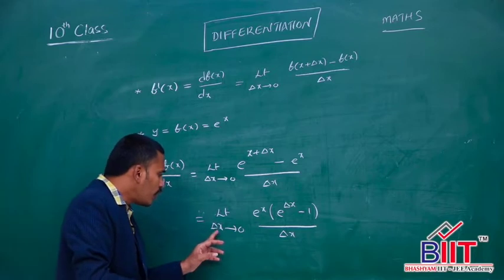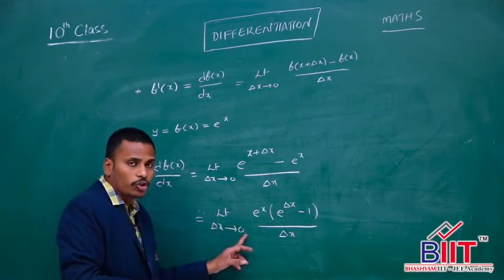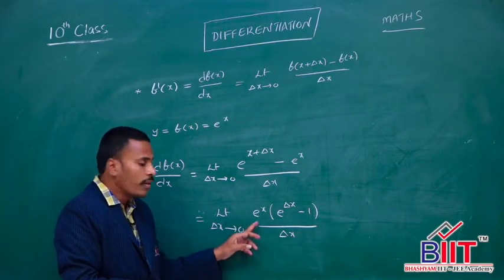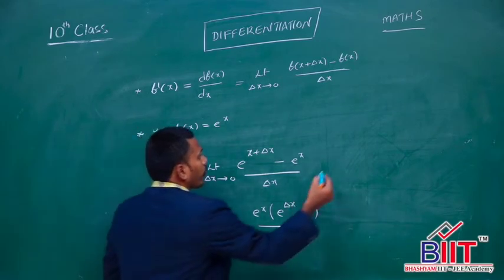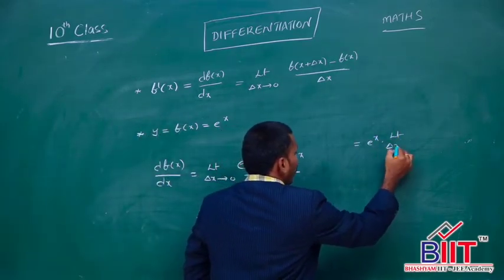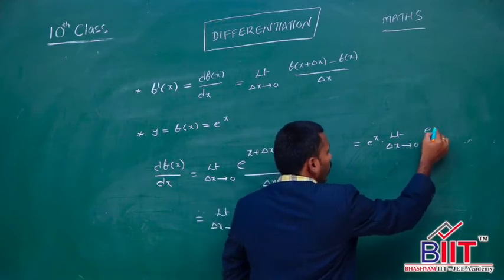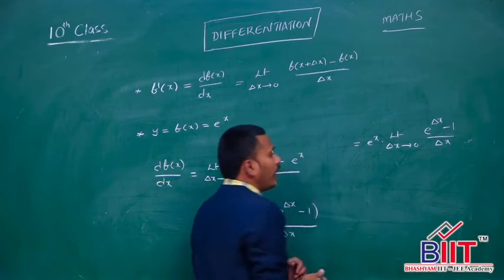And now here the limit is over Δx. As Δx tends to 0, we need to calculate this. This e^x is independent of Δx. So, just separate it. So, this is equal to e^x into limit Δx tends to 0, (e^(Δx) - 1) divided by Δx.